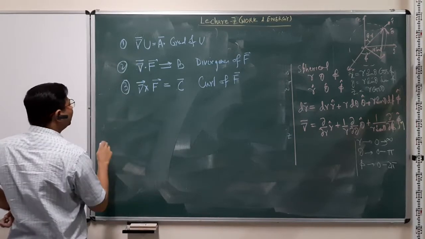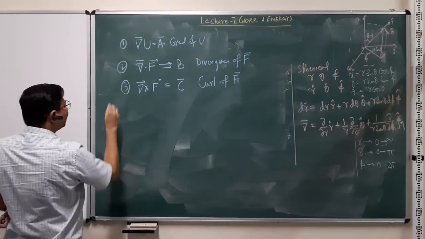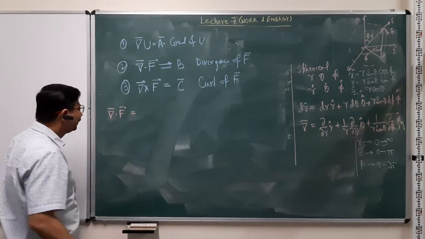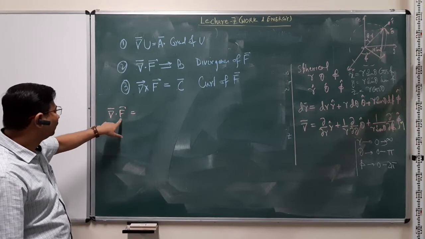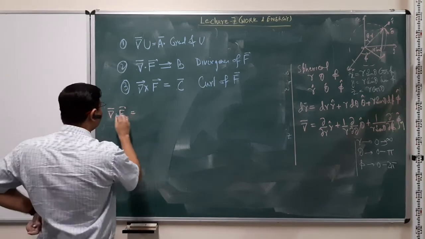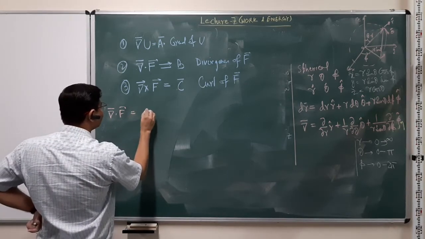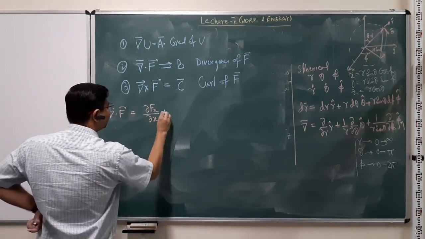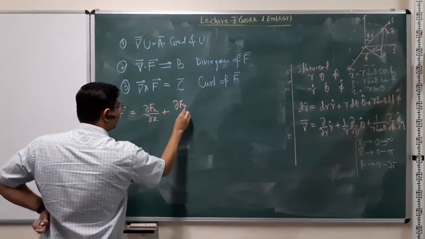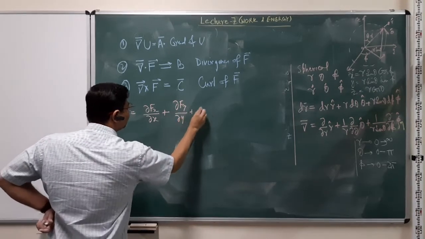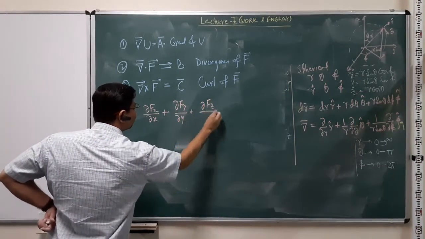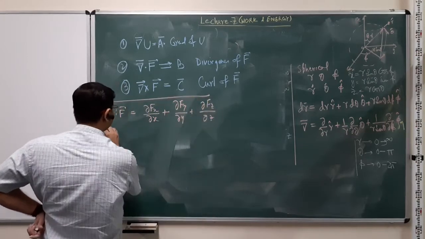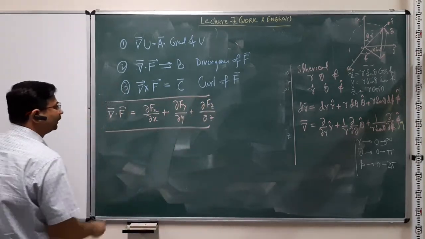We already know how the gradient behaves. We can write down del dot f. In Cartesian, this simply becomes del fx over del x plus del fy over del y plus del fz over del z. So that's the divergence of any vector f.